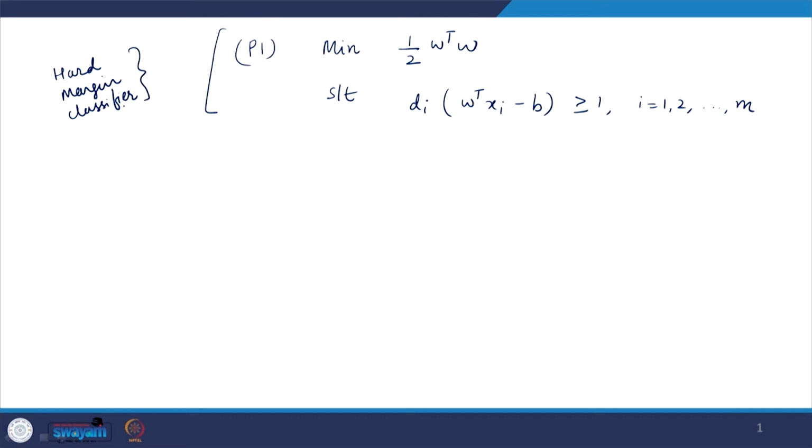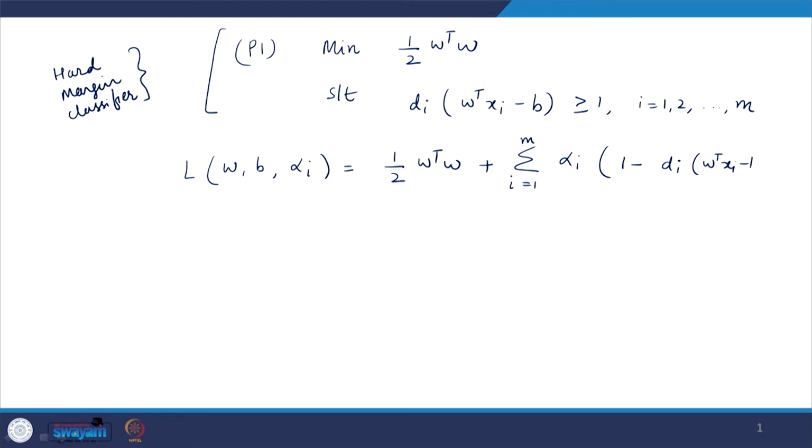Okay. Now, let us write a Lagrange function of this. Lagrange will be a function of W, B and alphas. That is nothing but 1 by 2 W transpose W plus summation i from 1 to m, because there are m number of constraints, alpha i times (1 minus di (W transpose xi minus B)), because we have to write the constraint in less than or equal to format.